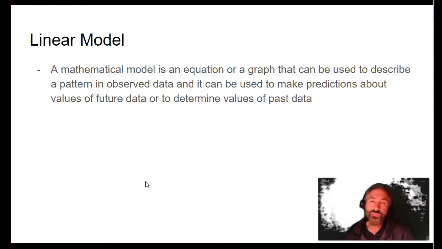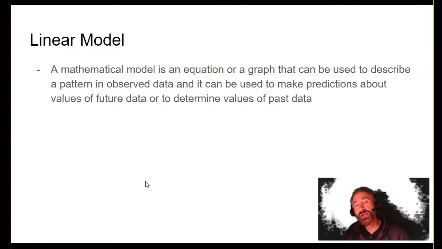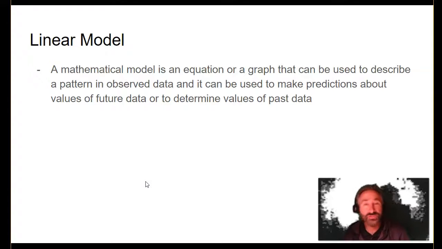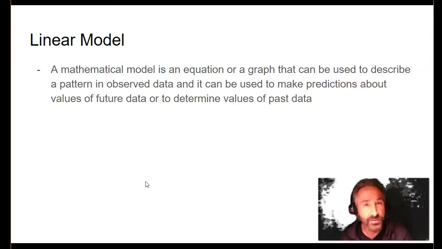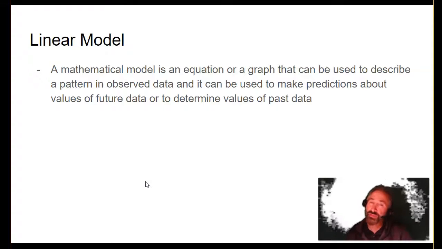So, for instance, with coronavirus, we're curious how many people will be infected in the coming months. But at the same time, we use things like carbon-14 dating to determine how old some bones are that we find when we're on an archaeological dig. So mathematical models can be used to make predictions about the future and also tell us things about the past.